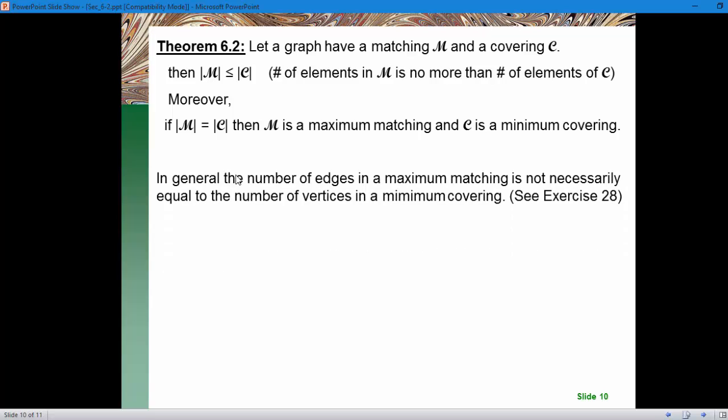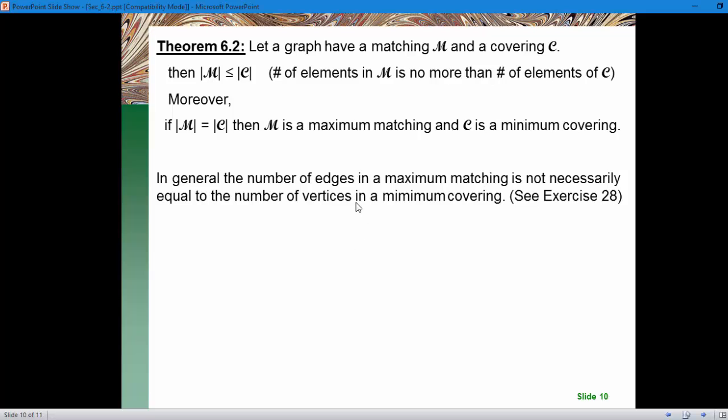Now, in general, the number of edges in the maximum matching is not necessarily equal to the number of vertices in the minimum covering. In other words, the converse of this statement is not true. If you do have a maximum matching and a minimum covering, it doesn't mean that the number of elements of the matching is equal to the number of elements in the covering. Okay, so it's important to understand that.